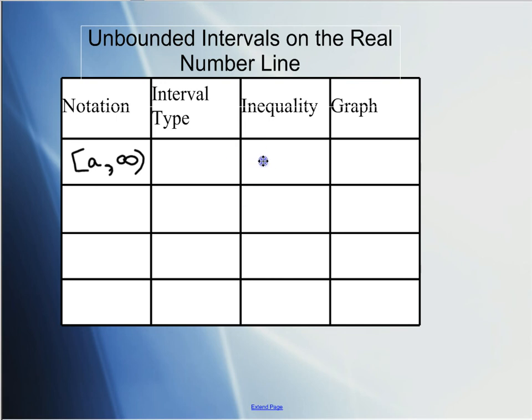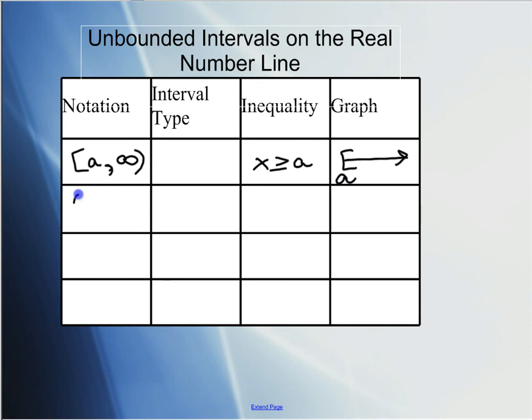So this one, the inequality is X is greater than or equal to A, and the graph is going to be a square bracket going to positive infinity, and we label this with an A underneath right there.